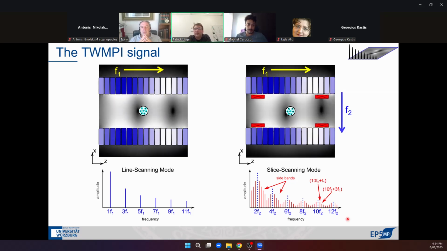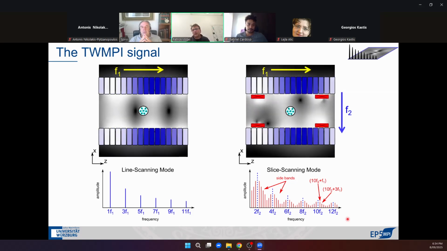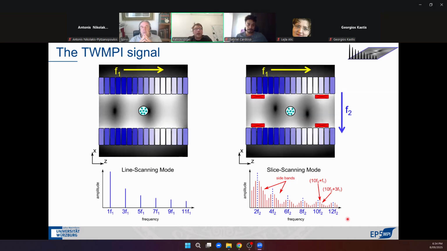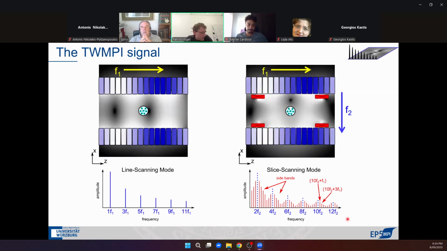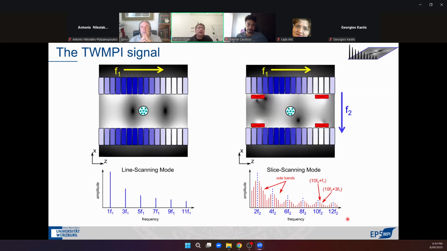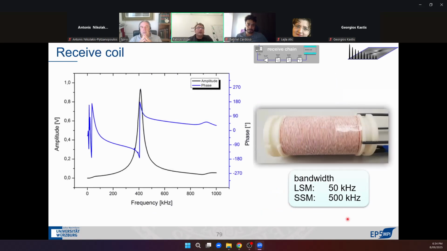So at the end, you end up with more than a couple of hundred higher harmonics, and you have to collect as much as possible to reconstruct a nice image. There are a lot of problems when you try to work with a high bandwidth, because a lot of distortions come up from the receive chain and the different components.